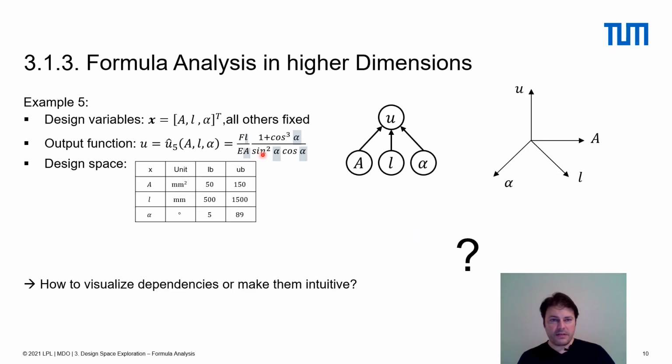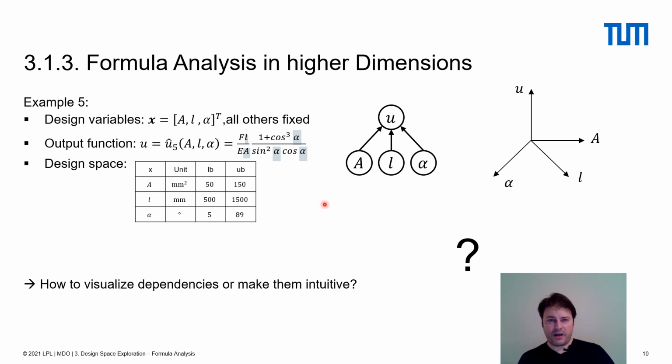When we increase complexity even further by adding one more design variable, design variable alpha, then we're done using plots and formula analysis. Unless you have a very strong intuition for analytical formulas, it'll be difficult for you to assess what the relation between your system response U and these three design variables will look like.